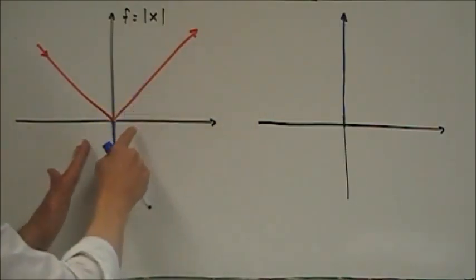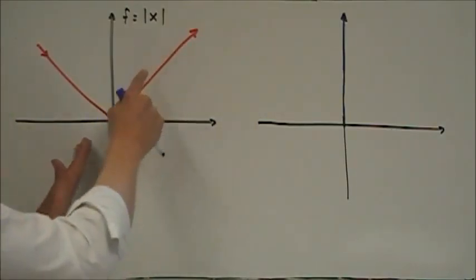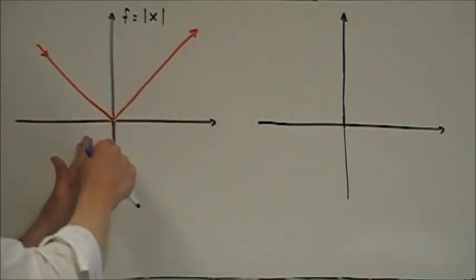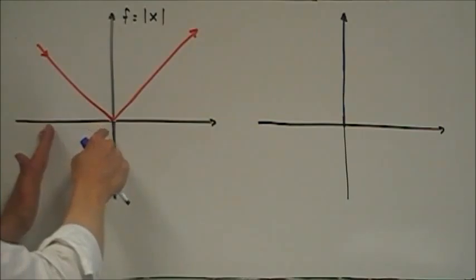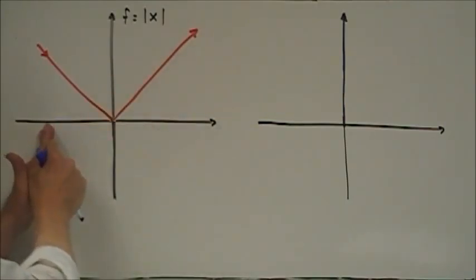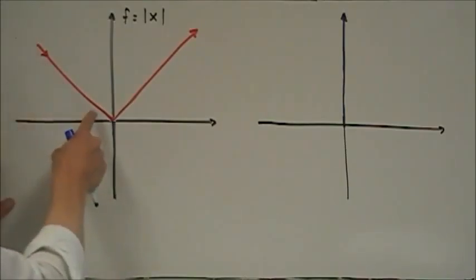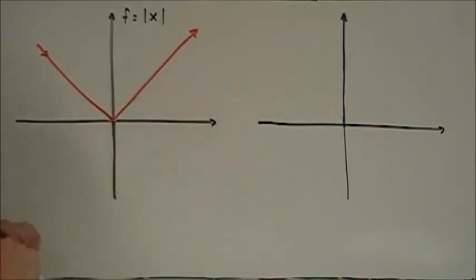As we increase in x, we increase exactly the same amount in y, except it's positive. So the slope over here is -1, and the slope over here is +1. And right here, we just have some weirdness going on. It's not differentiable at that point precisely because we shift very rapidly from a negative slope to a positive slope at one particular point.